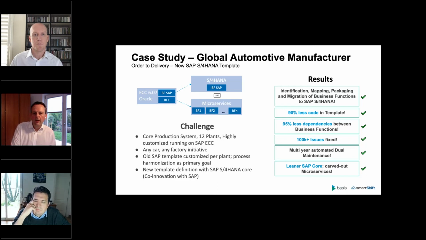We want to help our customers get to a more agile way of development in the future. One of the main factors in this project, as it was a multi-year project, was dual maintenance, where we also utilized our automation. But David will now talk a little more about the dual maintenance aspects of these projects in the next section.